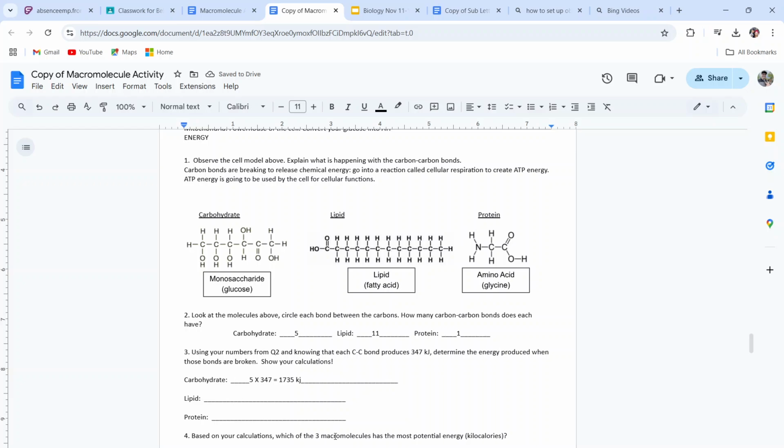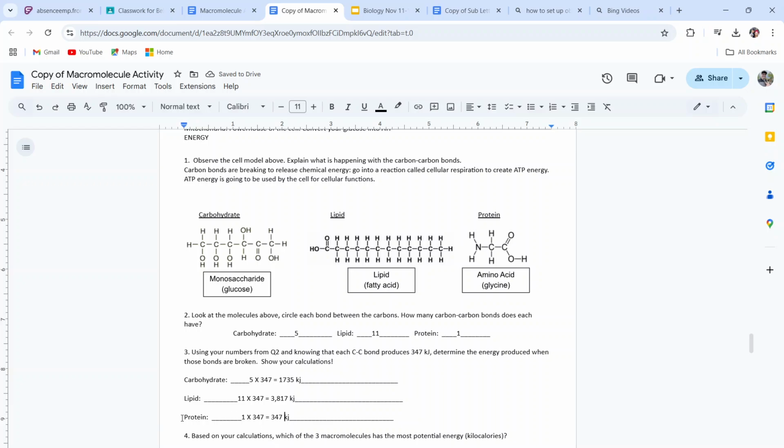For the lipid, we have 11 times 347, which is going to create 3,817 kilojoules of energy. Whereas for the amino acid, we only have 1 times that 347, which is only going to create 347 kilojoules of energy.